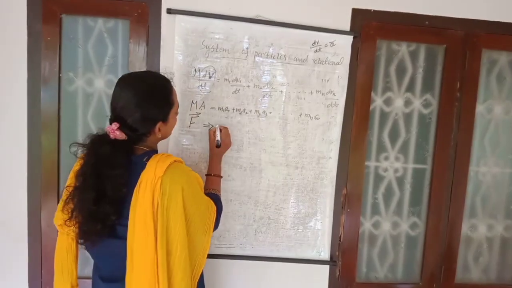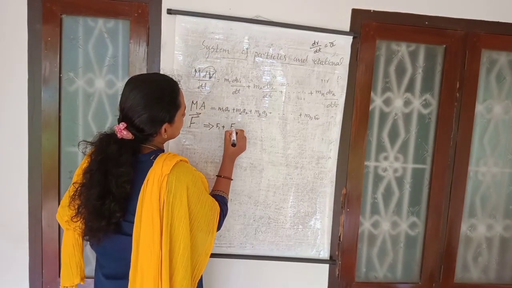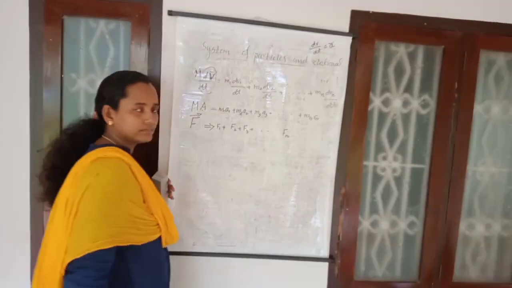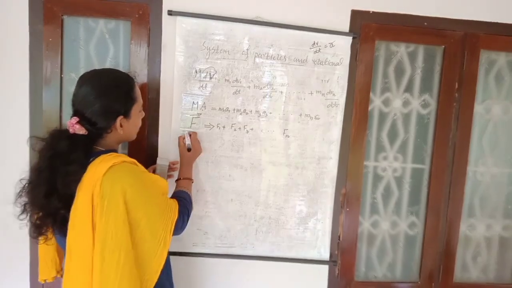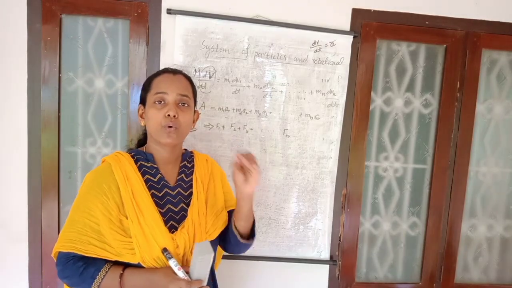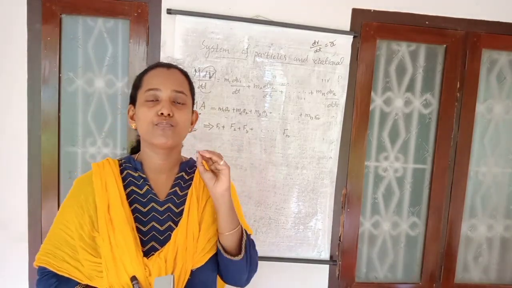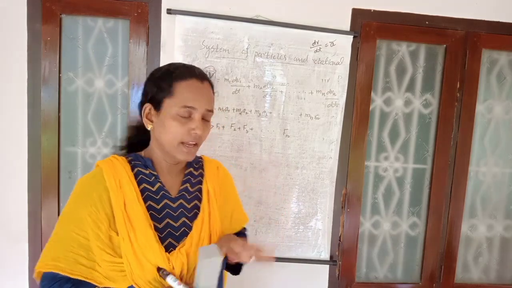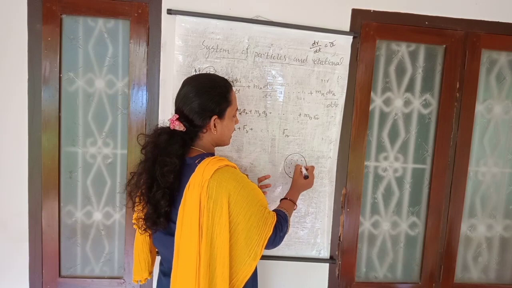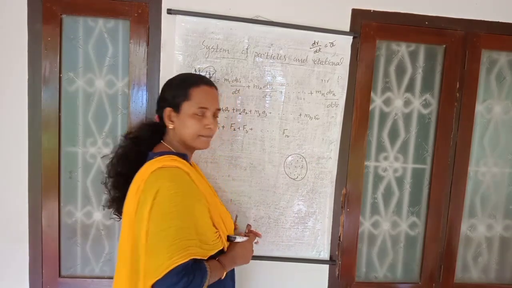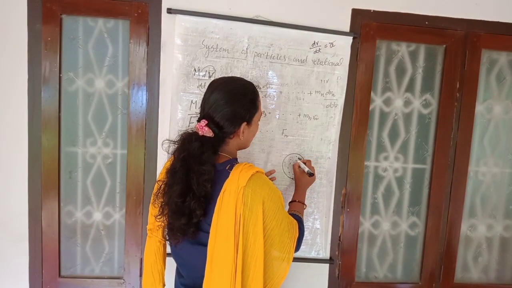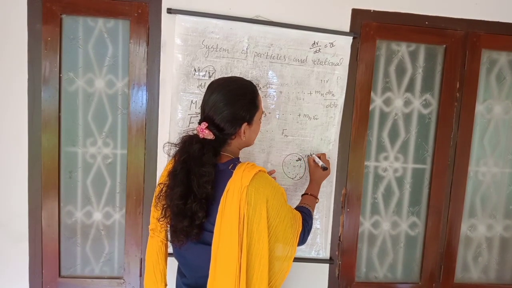Therefore, this F is equal to F1 plus F2 plus F3 plus etc. of Fn, which means the force on the center of mass is equal to the force experienced by the n particles present in a system. If we are considering a rigid body or a system of particles, there are n particles, and each of these particles is experiencing a force because of its interaction, that is internal force.